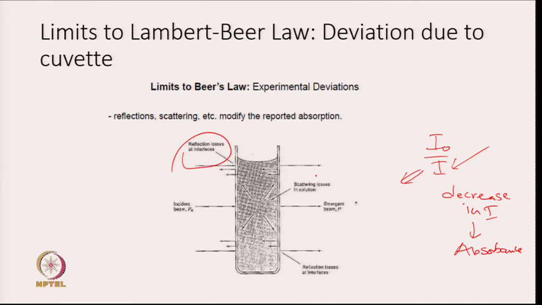So, a part of intensity is lost due to reflection. There can be reflection here, again at the interface, and so there is a decrease in intensity. This decrease is not due to absorption, this decrease is due to reflection.